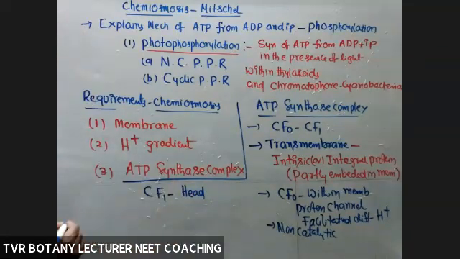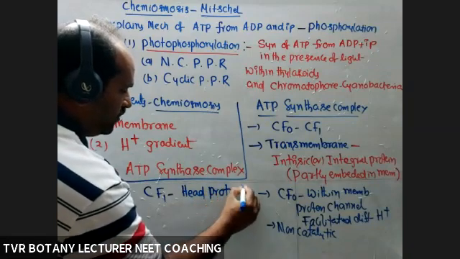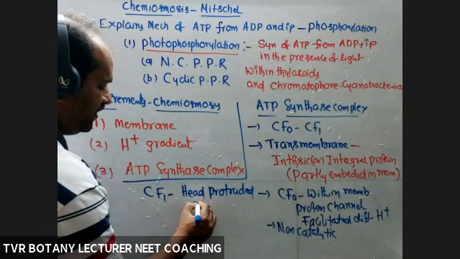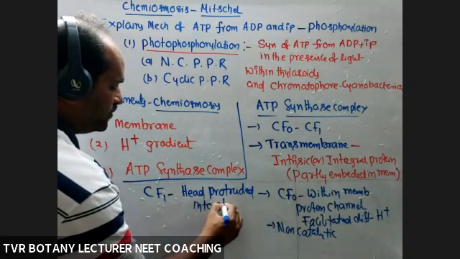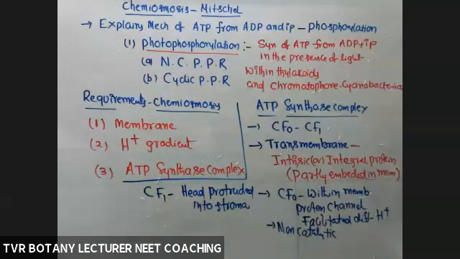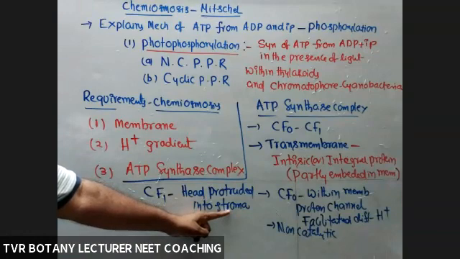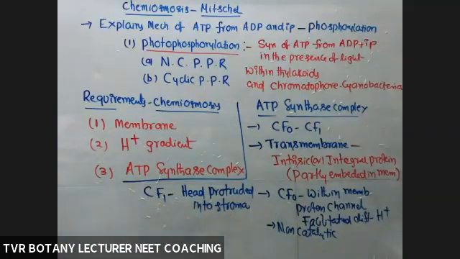Head part, protruded into stroma in the case of chloroplast. In the case of mitochondria, protruded into mitochondrial matrix. We will study that one there, not here. So in chloroplast, head part is protruded into stroma. In mitochondria, it is protruded into mitochondrial matrix.